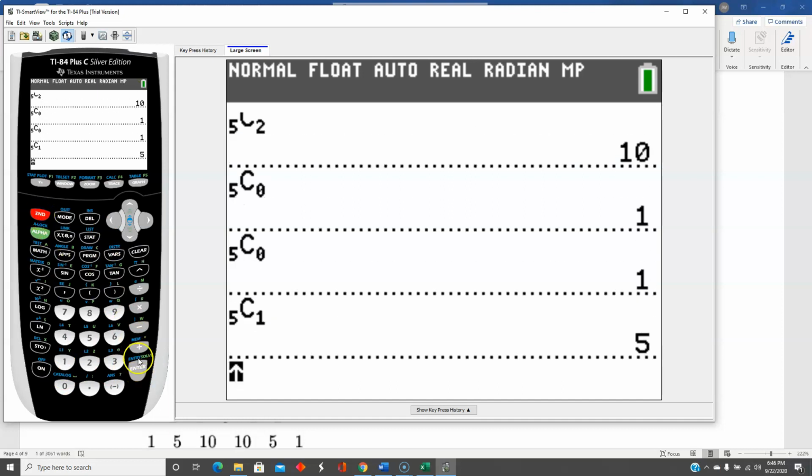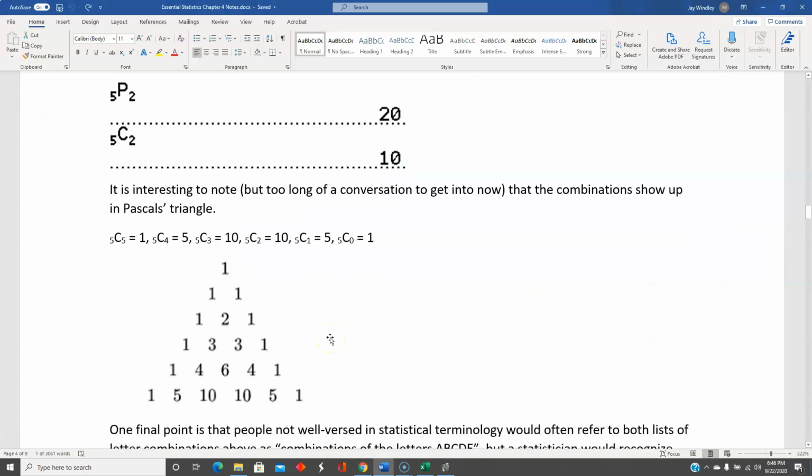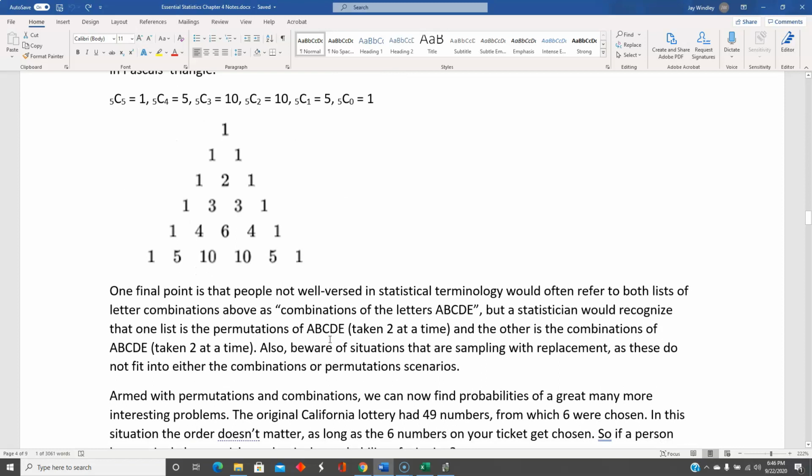If I do 5 items taken 2 at a time, that's the one we already saw that was 10. If I have 5 items taken 3 at a time, that's also 10. And if I have 5 items taken 4 at a time, that's 5 again. And so these numbers 1, 5, 10, 10, 5, 1, that's just the numbers from one row of Pascal's triangle, if you're familiar with Pascal's triangle. So that's kind of an interesting little point there.